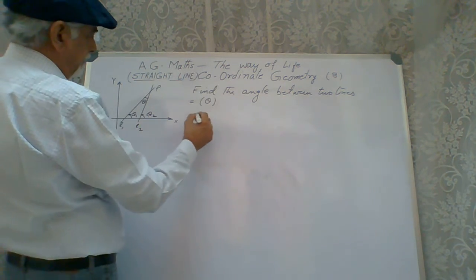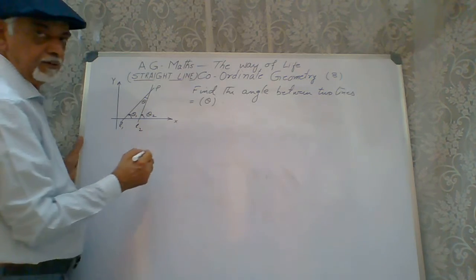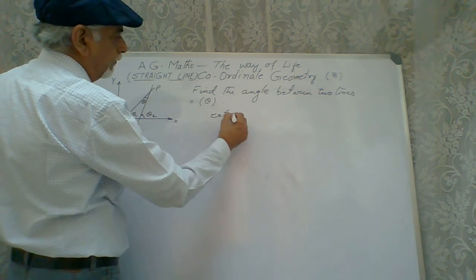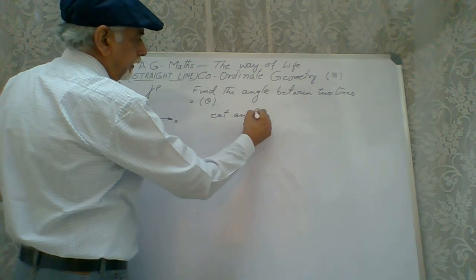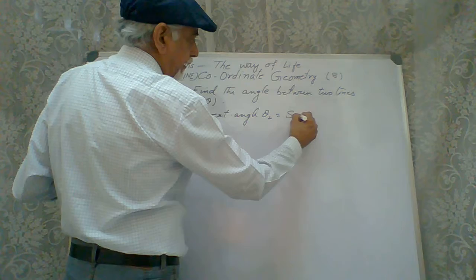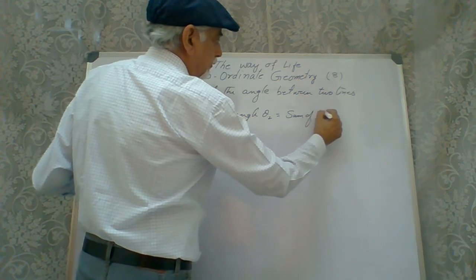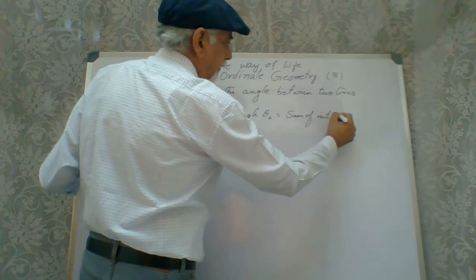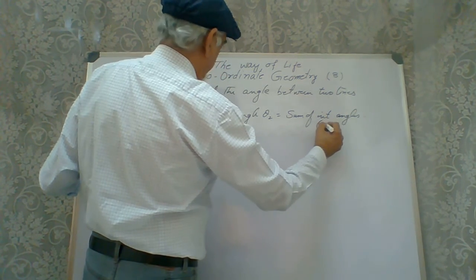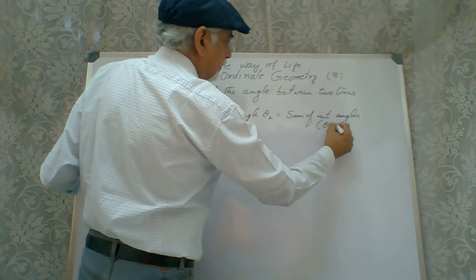So as per the exterior-interior angle theorem, the exterior angle theta 2 is equal to the sum of the interior angles, that is theta plus theta 1.